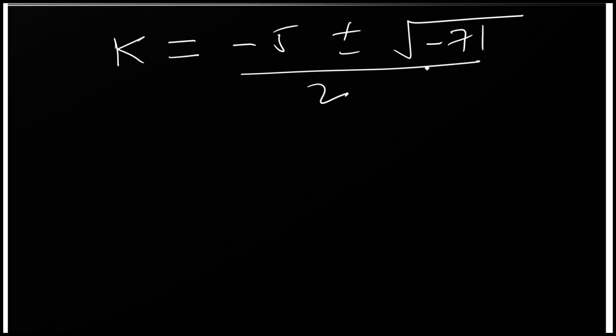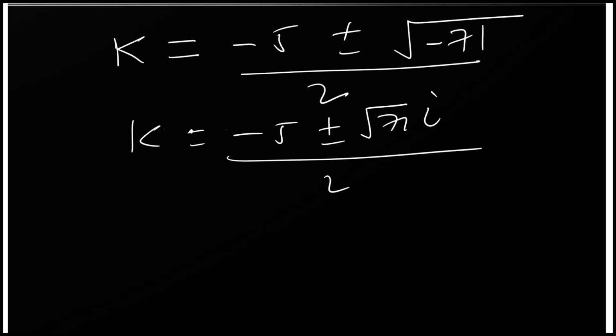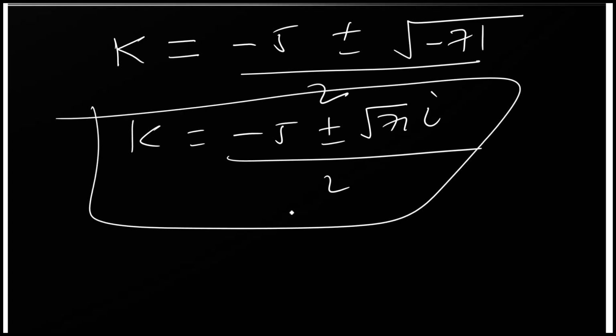Because of this, it will be complex. Okay, so we can reject this one, but the final answer will be minus 5 plus or minus the square root of 71 times i, on 2. So that is the other answer for k.